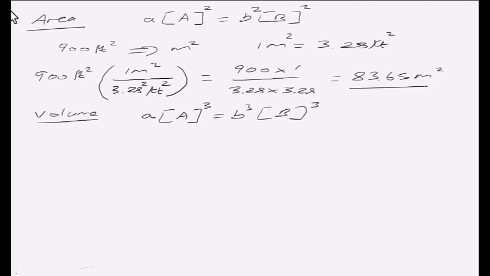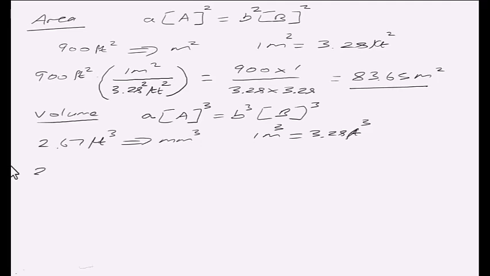So let's say we had 2.67 feet cubed, and we want to know what this is in millimeters cubed, just to make it a bit more challenging. So we know that 1 meter equals 3.28 feet, and we know from earlier that 1 meter squared is 3.28 feet squared. Similarly, 1 meter cubed is equal to 3.28 feet cubed.